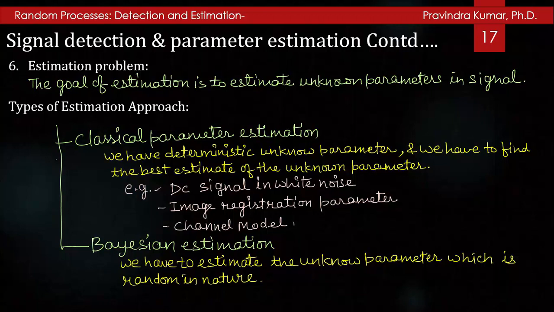So the parameter to be estimated may be random or non-random, and the estimation of a random parameter is known as Bayesian estimation, that is estimation with a prior, while the estimation of non-random parameters is referred to as maximum likelihood estimation.